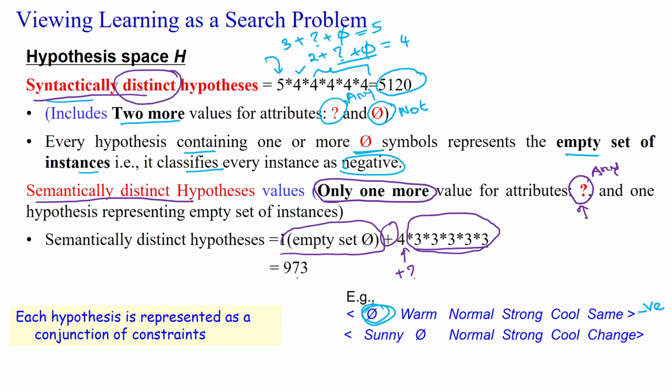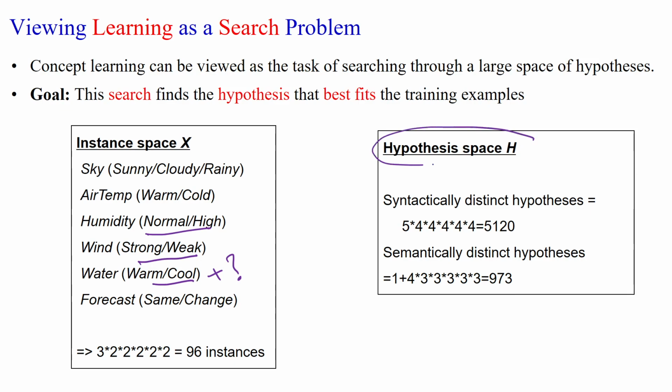So finally we will get 973 hypotheses. All the hypotheses are distinct based on the semantic approach. So here the hypothesis space has 5120 syntactically distinct hypotheses and 973 semantically distinct hypotheses.